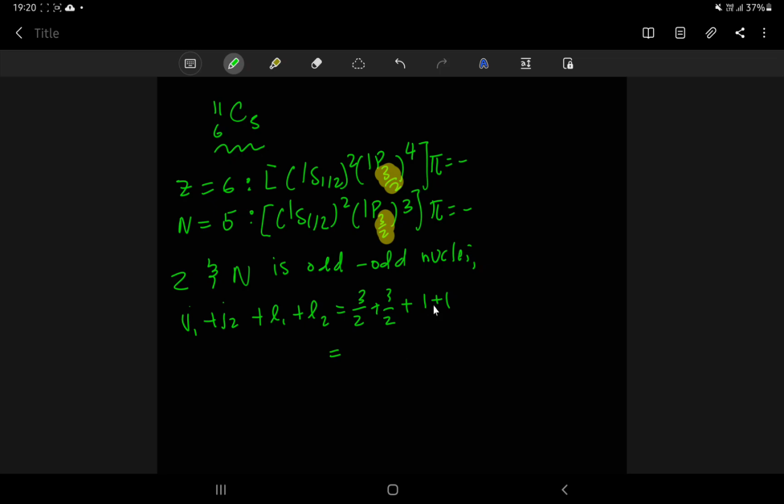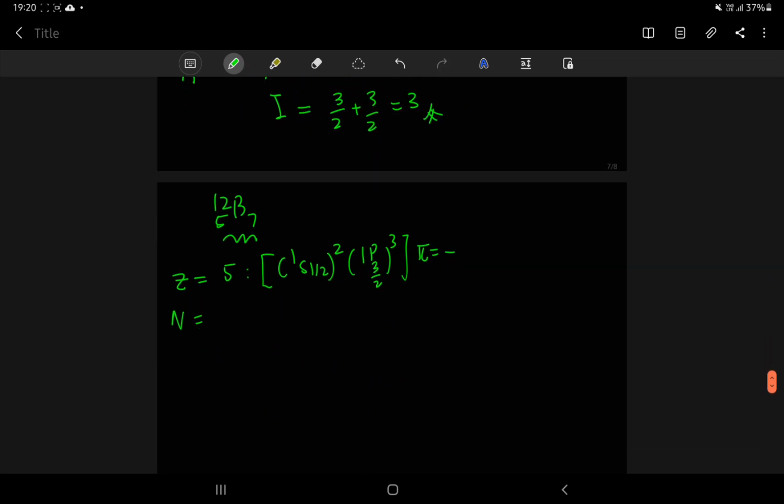So 3, 4, 5. See, 5 is odd. If the result is odd, then I is J1 plus J2 simply, 3/2 plus 3/2, which is 3. So the total spin state is 3.